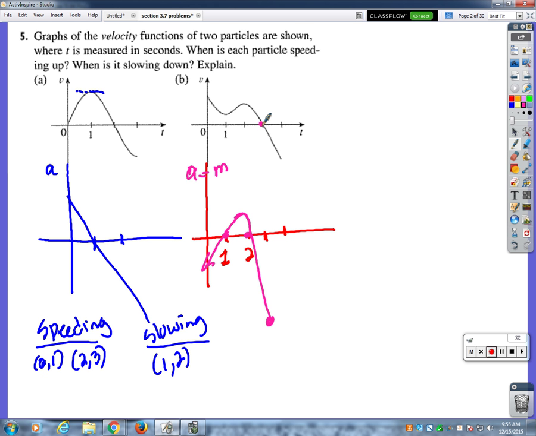Then I turn around, and now I'm going this way after 3 seconds, faster and faster and faster. I'm speeding up. The absolute value of my acceleration over here is larger.